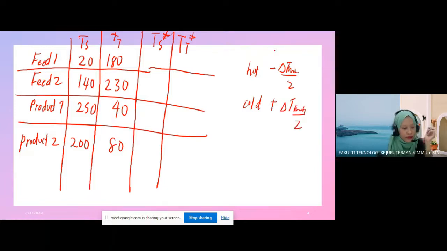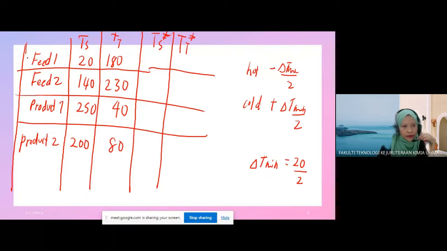So just now, delta T min is 20. So 20 divided by 2, you get 10. The first two are cold streams, which require heating. So cold stream, cold stream, hot stream, and hot stream.